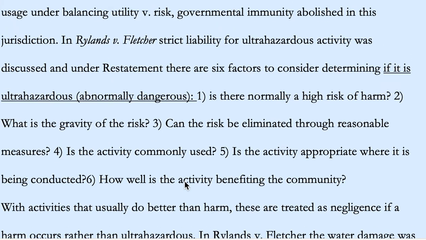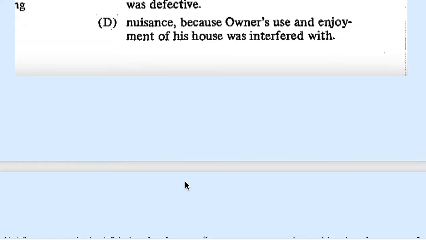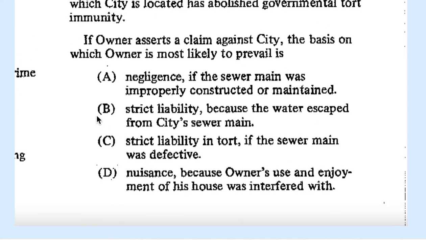So this is explaining why the other ones are not. So basically, A, negligence if the sewer main was improperly constructed or maintained. The reason it's not nuisance or strict liability, I was kind of elaborating on.